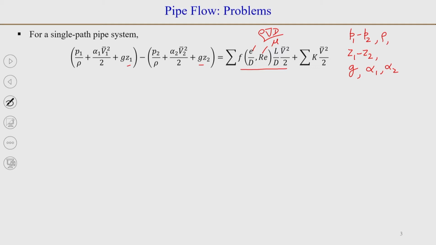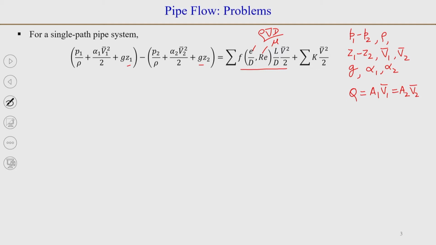Then you have V1 bar and V2 bar. So, they can be related with flow rate. So, Q will be, say, A1 V1 bar is equal to A2 V2 bar.